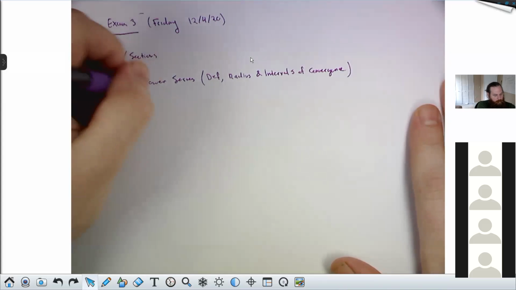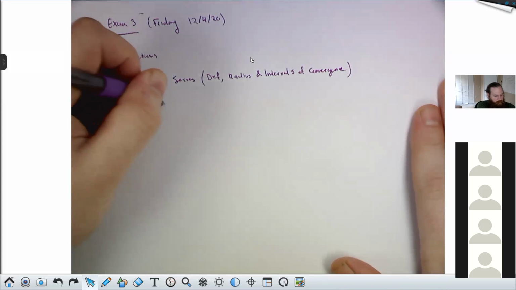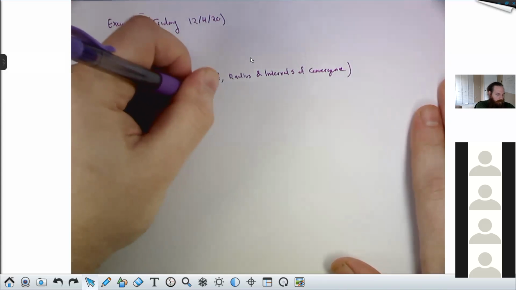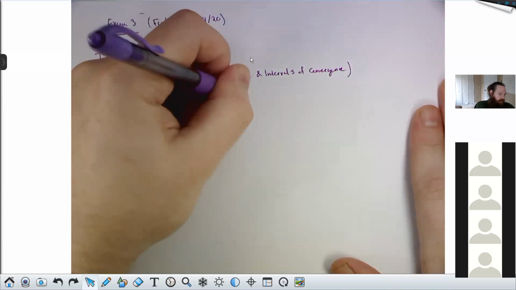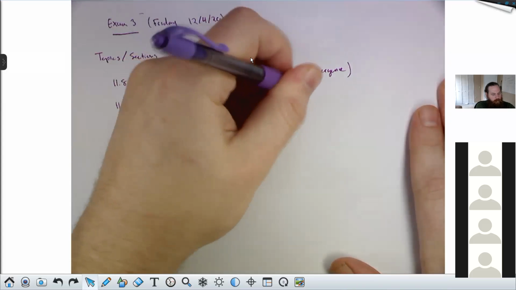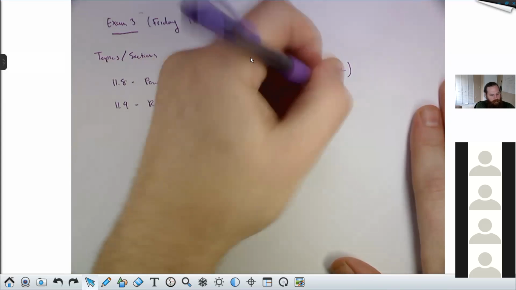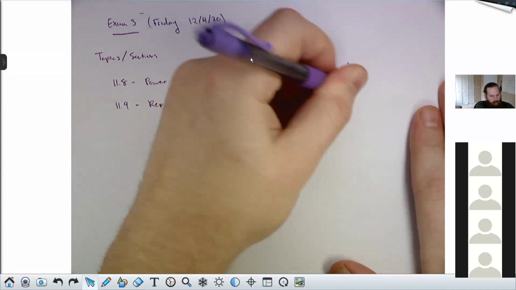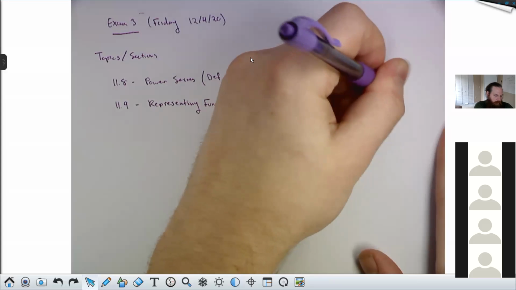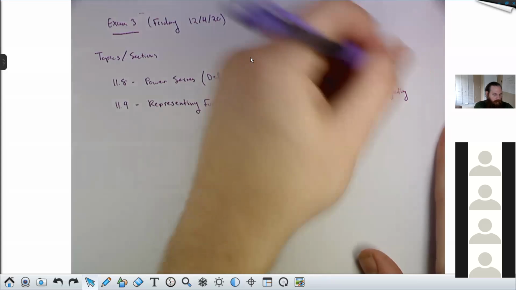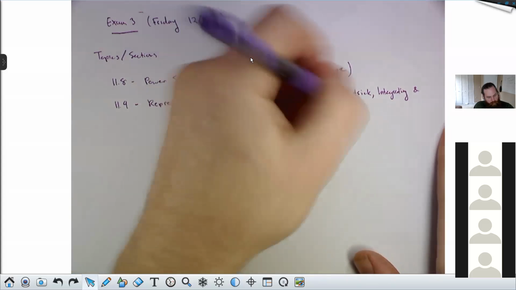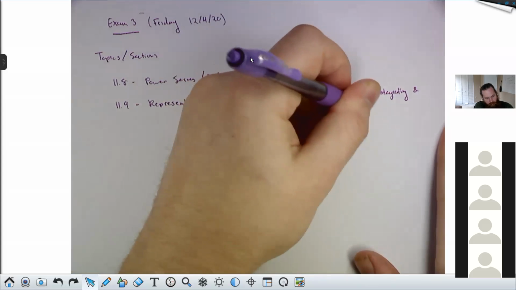11.9, this was on representing functions as power series. And this was before we had Taylor's theorem. So this was using the geometric series trick, and also integrating and differentiating power series.